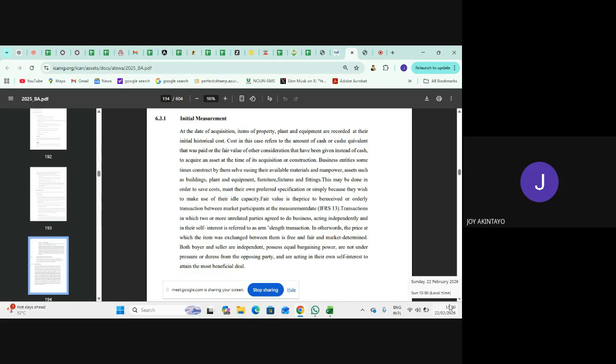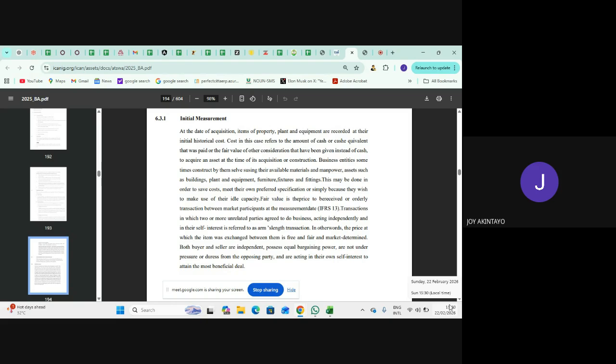So we see fair value to be the price to be received or given in an orderly transaction between market participants at the measurement date.